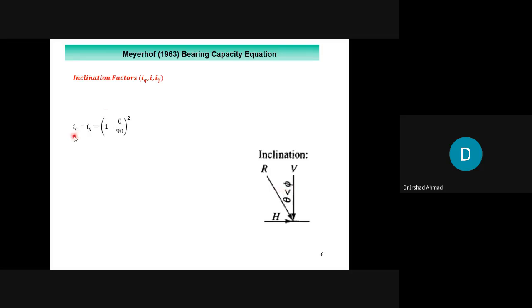So I say I_q is equal to this, (1 minus theta over 90 degrees) squared, whereas I gamma is equal to (1 minus theta over phi) squared. Whereas I gamma is equal to 0 for phi equal to 0 degrees. So these are the inclination factors. Write them down with you.